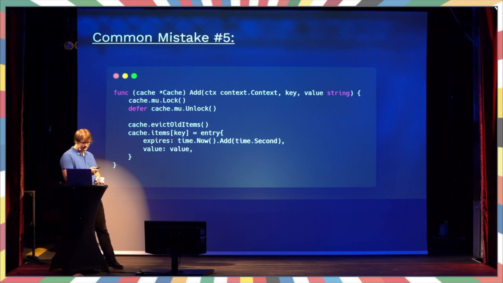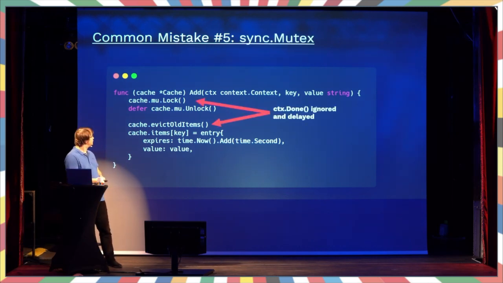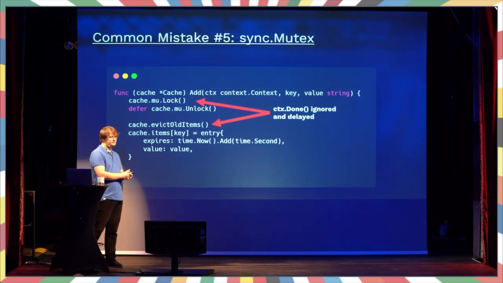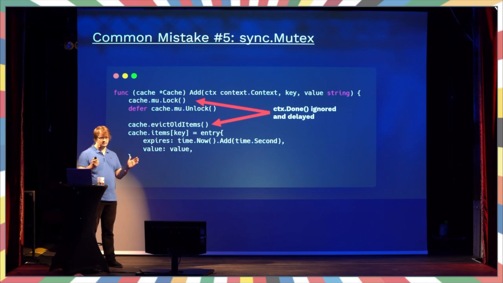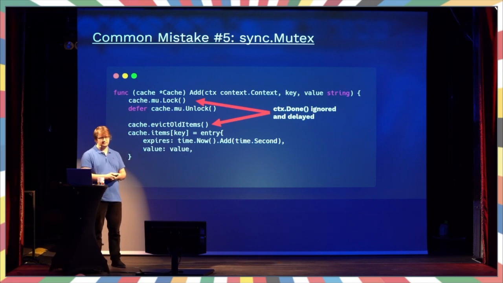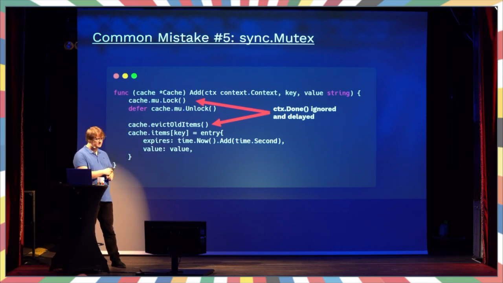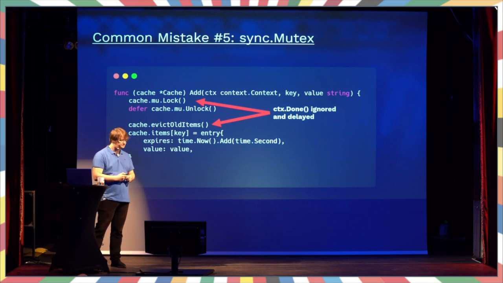The non-obvious part here is that we are not handling the context cancellation, which means that, let's say there's 10,000 user requests coming into the cache, and let's say half of them get cancelled. Then they still need to wait for the mutex to be unlocked before they can exit this function or method.